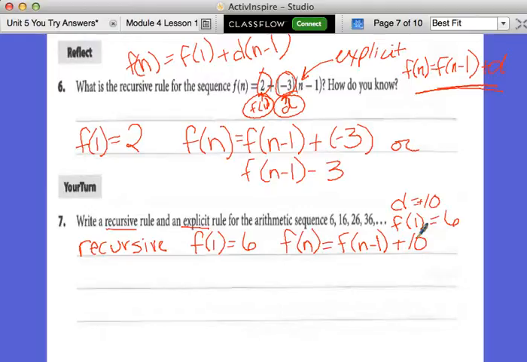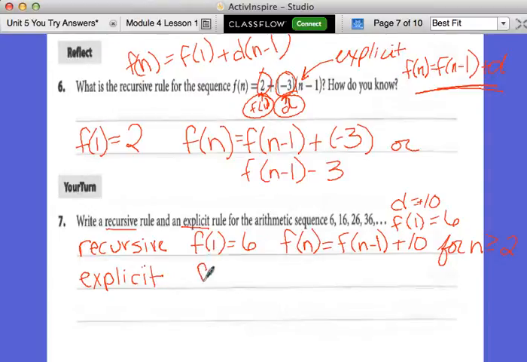And then we do have to add to that for n being greater than or equal to 2. For my explicit rule, I do not have to tell what f of 1 is because it doesn't matter, because it's an explicit rule.